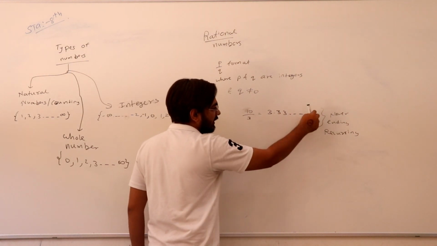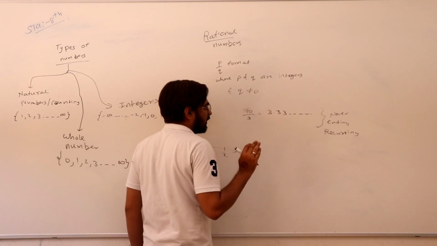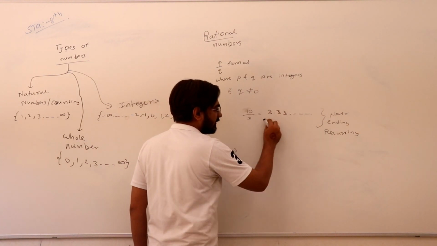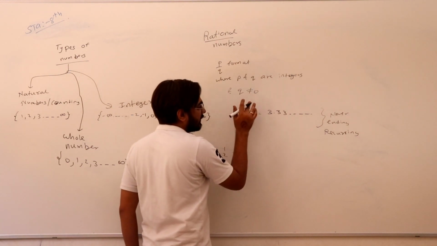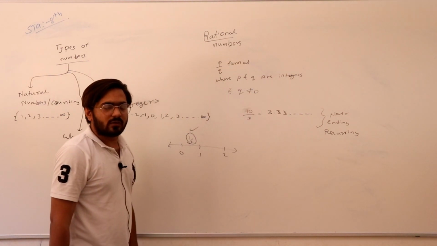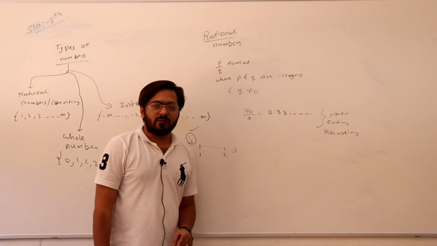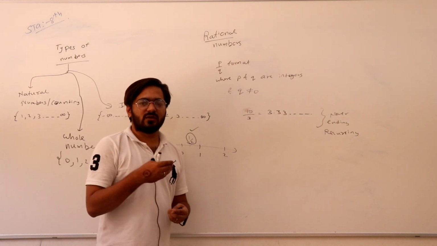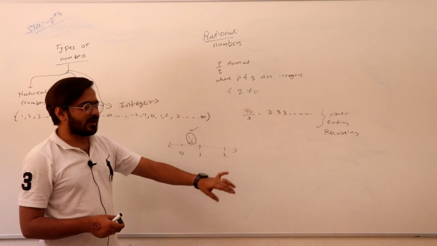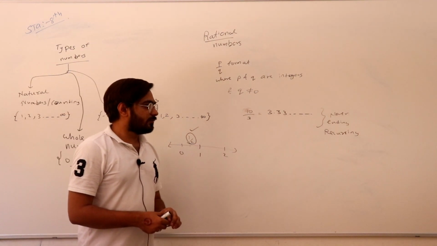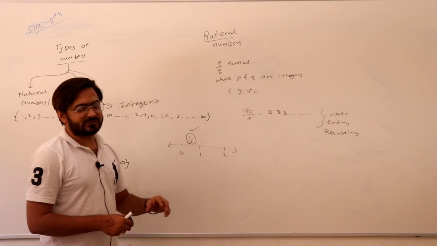So 3 is repeated an infinite number of times, but still this decimal number can be represented in ratio format. Any number which can be represented in ratio format and is recurring is called a rational number.